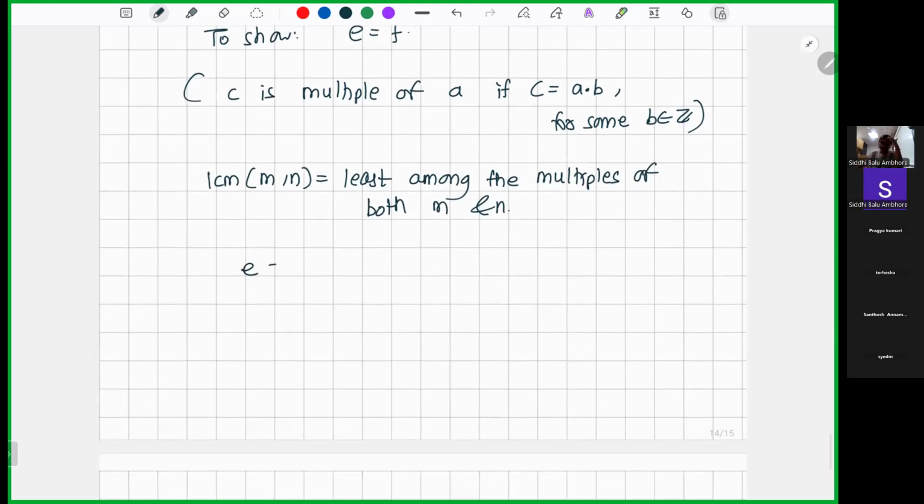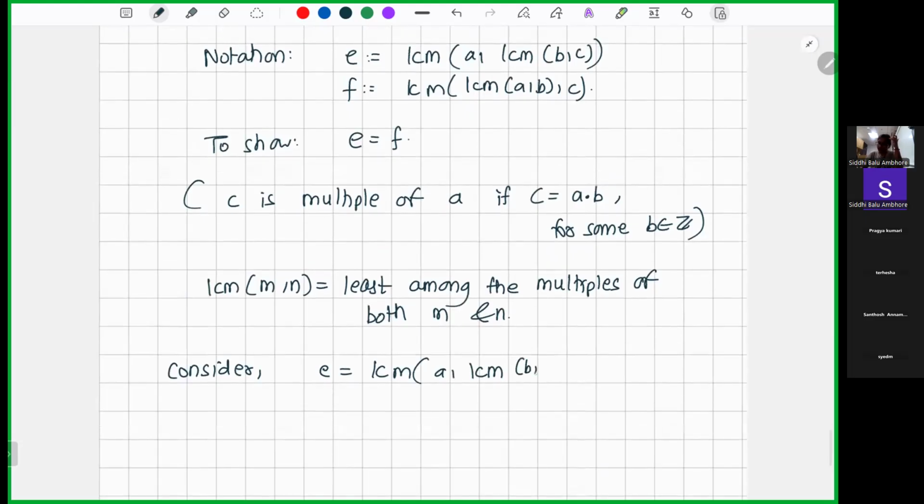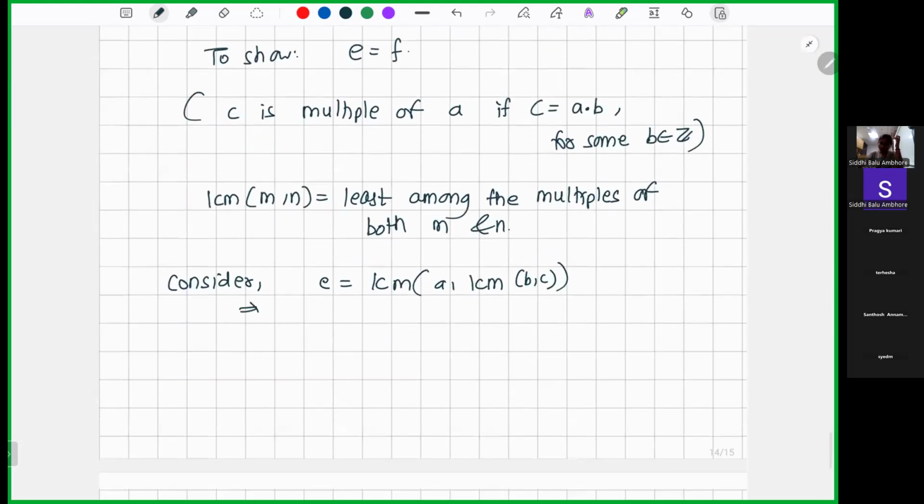Okay, so now what I have here is that E is my LCM of a and LCM of b and c. So what does this imply?